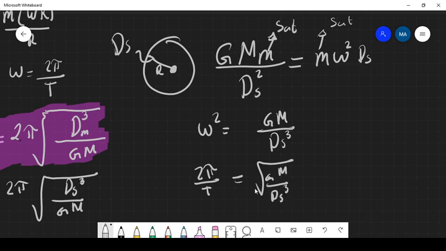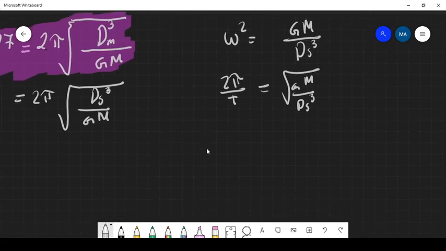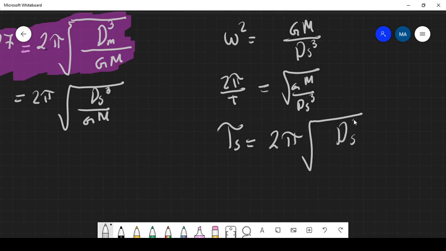And then we will end up getting that the period of the satellite is equal to 2 pi times the square root of the distance to the satellite cubed divided by G, the gravitational constant, times the mass of the earth. Now the period of the satellite, a geostationary satellite, is what? It is 1 day.